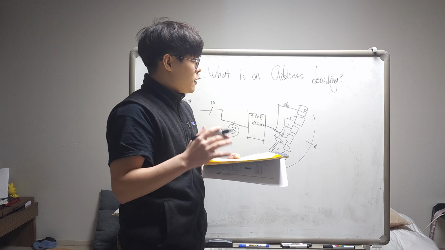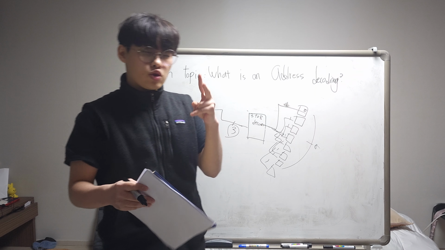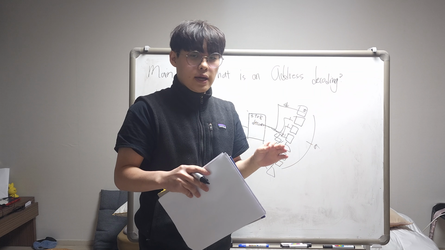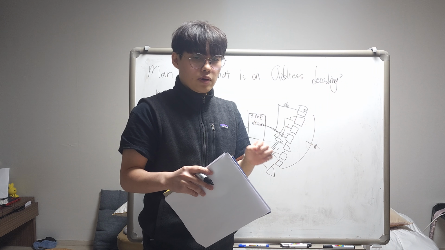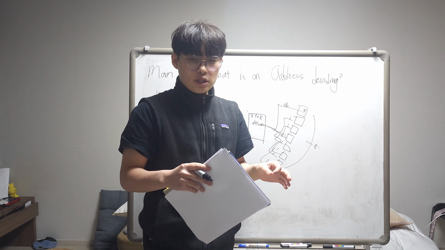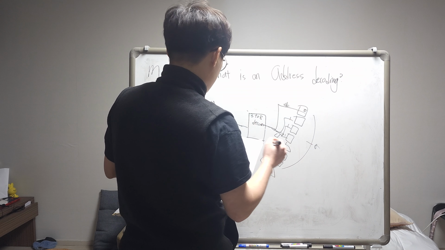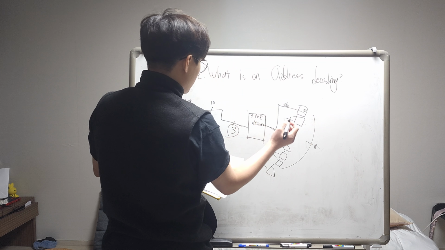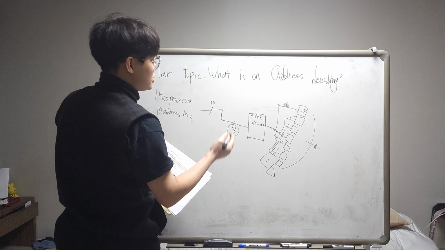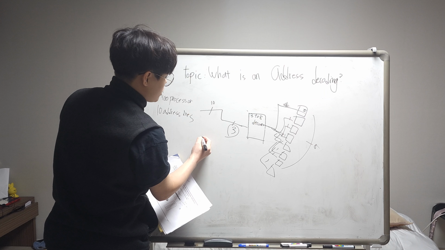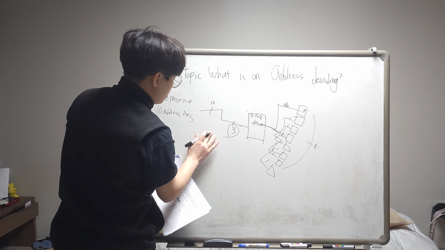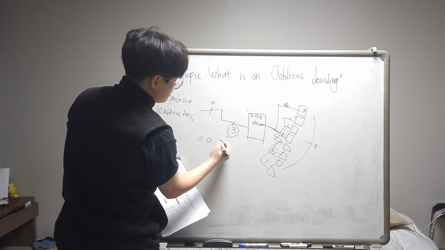In decoding, there are 2 strategies: full address decoding and partial address decoding. But right now I'm just going to talk about full address decoding. Full address decoding just means that you have 3 address lines, so that will be 0, 0, 0.